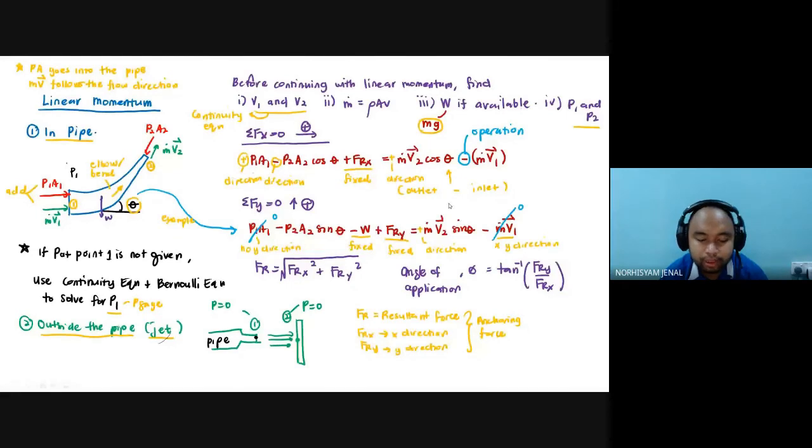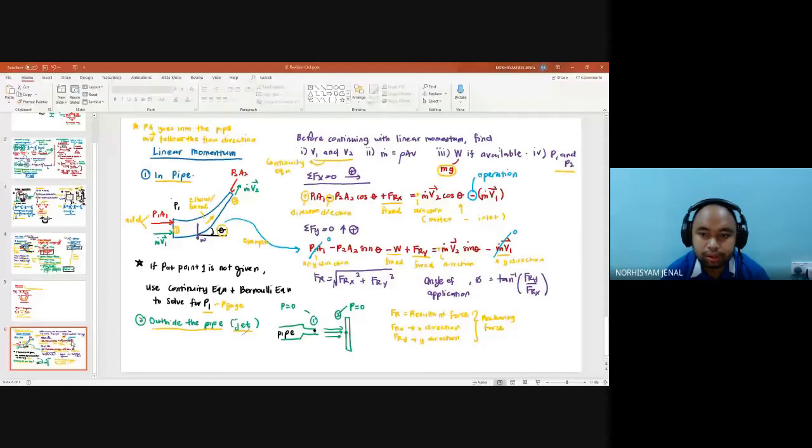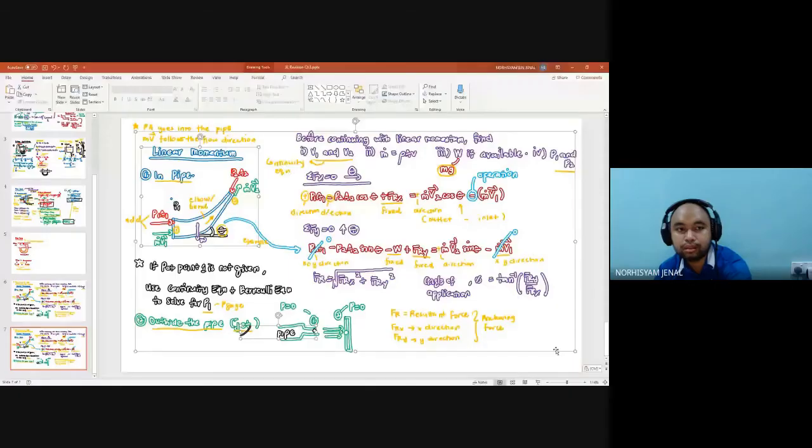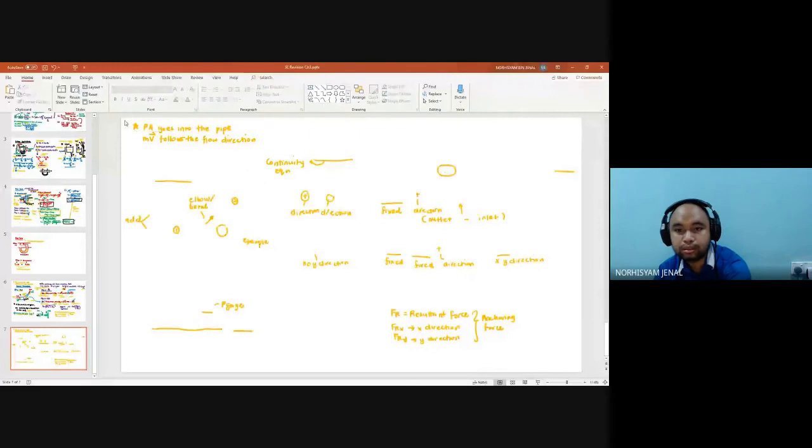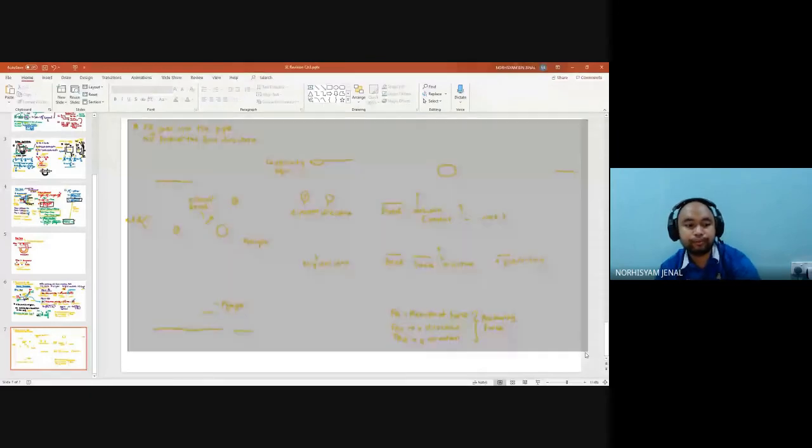Right. So a question about where I come up with all this m dot v and PA. Okay, so you are asking me where I come up with PA and m dot v.